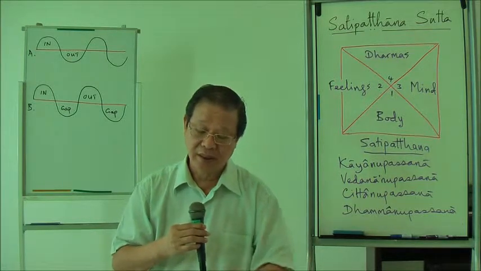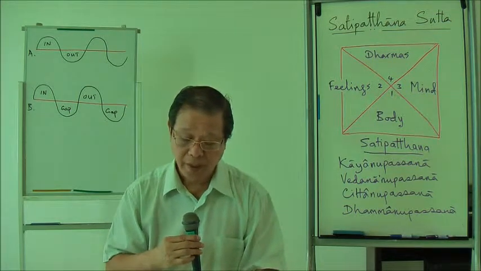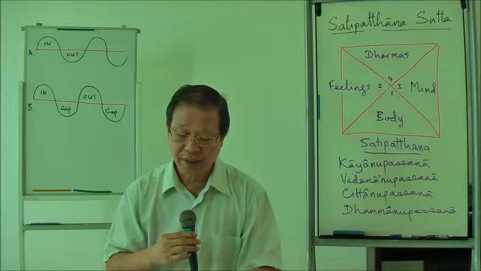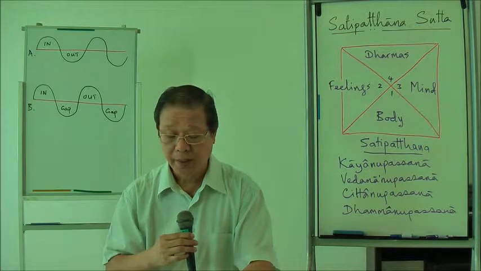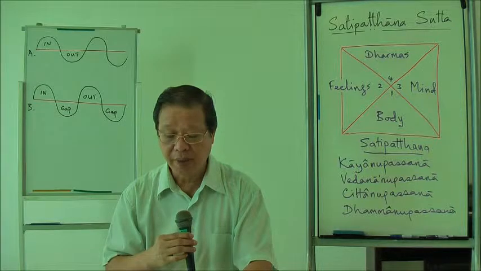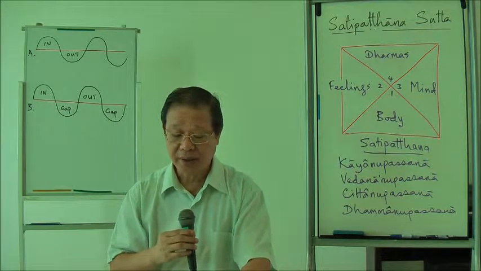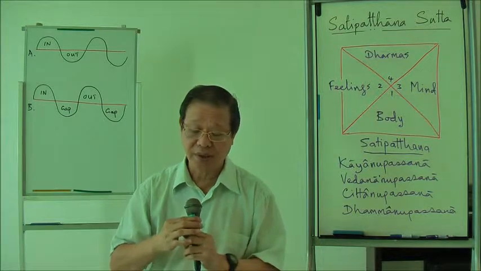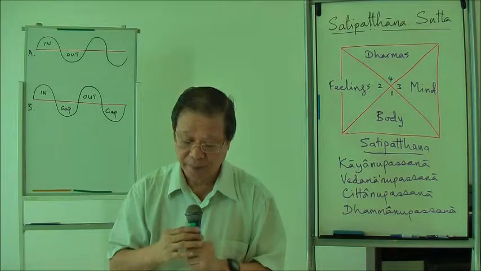In the Satipatthana Sutta, you get about 16 stages listed. Now here you find there is a very interesting simile or parable, 4.4. Just as a skilled turner or apprentice, a turner is a carpenter who turns wood and makes various things with the wood.